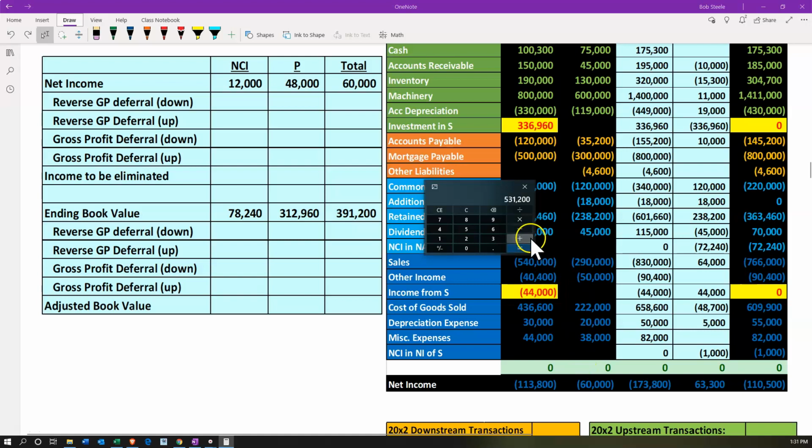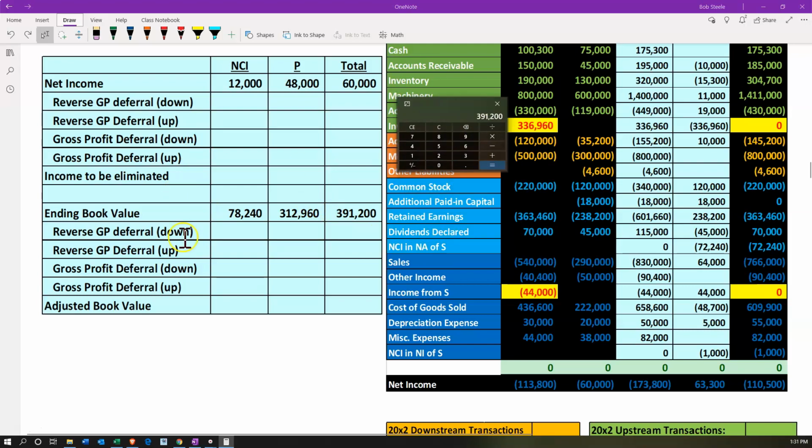So I'm just going to say plus 60,000. Something happened. Let me do it one more time. 120,000 plus 18,000 plus 238,200 minus 45,000 plus 60,000. So there's the 391,200. So that's going to be our starting point for our worksheet.